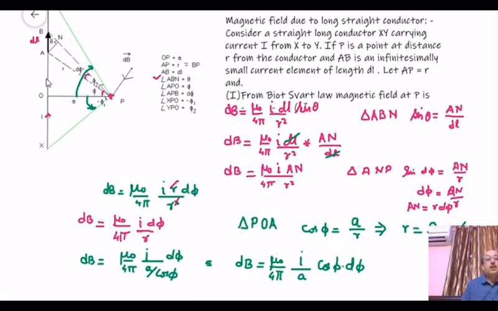So we will integrate the magnetic field dB for angle minus phi 1 to phi 2.